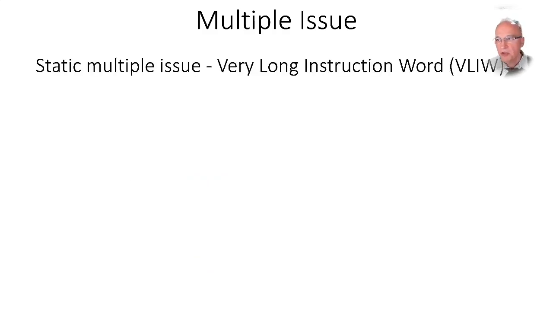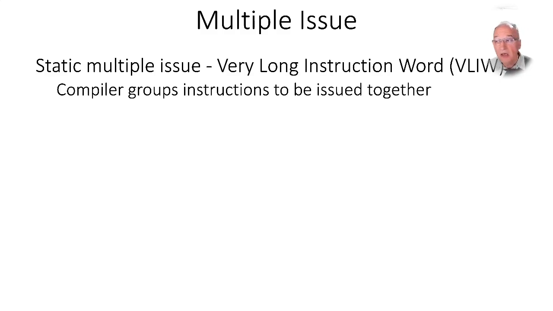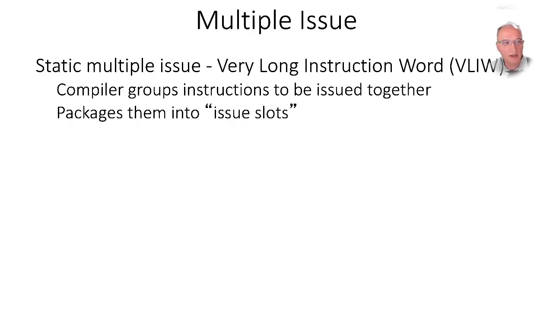In multiple issue designs, you can have what's called a static multiple issue design. Those are also known as very long instruction word machines, where you statically decide which instructions will be executed in parallel. This is done through the compiler. The compiler will group the instructions that can be issued together and will decide statically at compilation time, when generating the assembly code, which instructions will be executed in parallel.